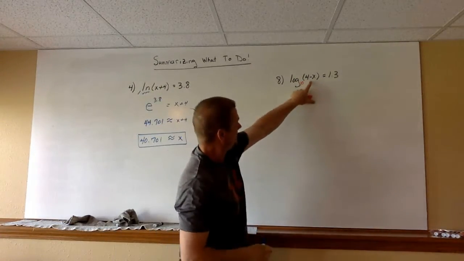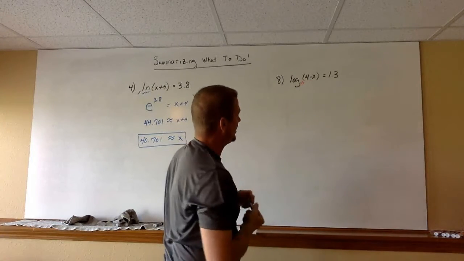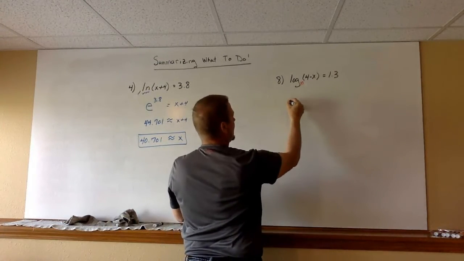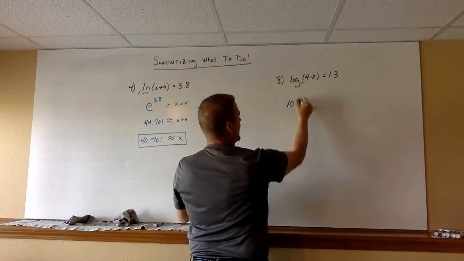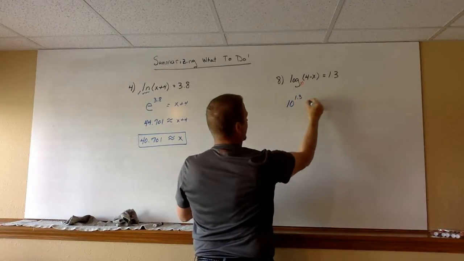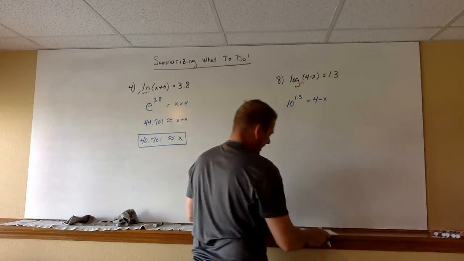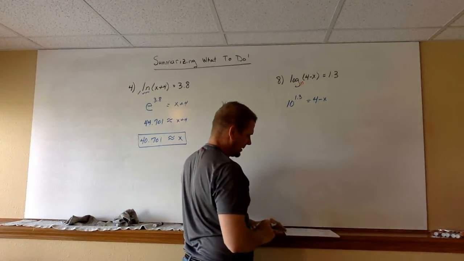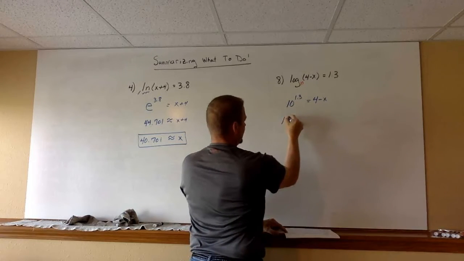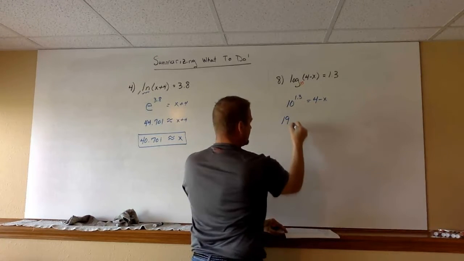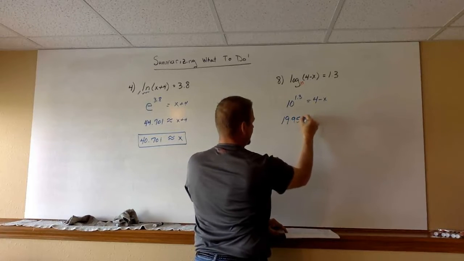So I do have a variable inside that log, so I'm going to change it into an exponential by saying the base of 10 to the 1.3 equals 4 minus x, and 10 to the 1.3 power is approximately 19.953.